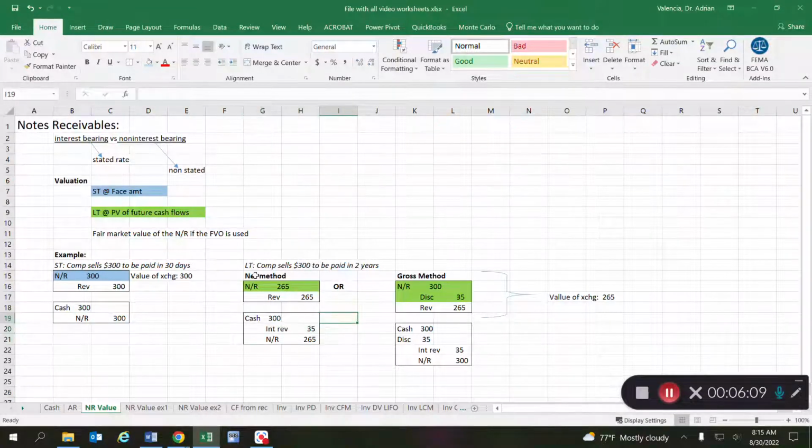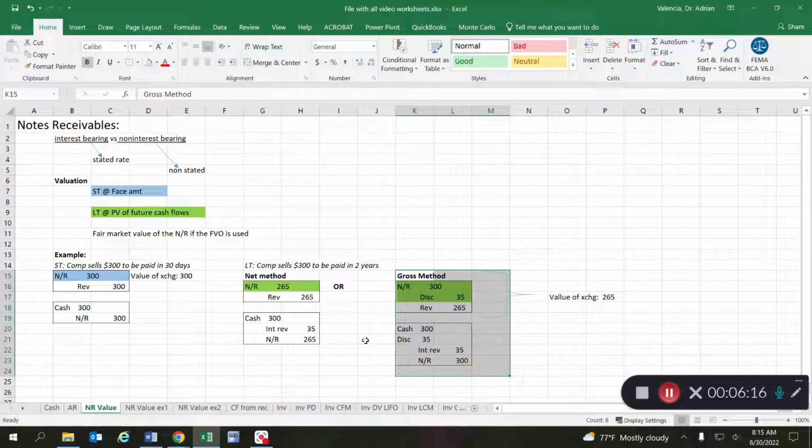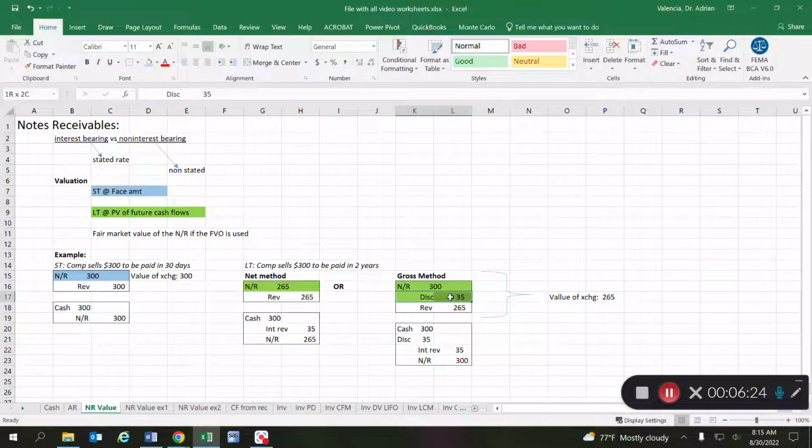So I present the net method here, or you could do the gross method. You've seen before how either method is correct. If you do the gross method, you would put it at $300, the note receivable, but you would have this contra notes receivable account called discount on notes receivable.